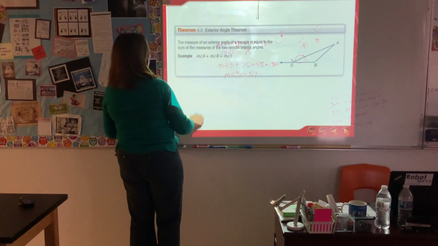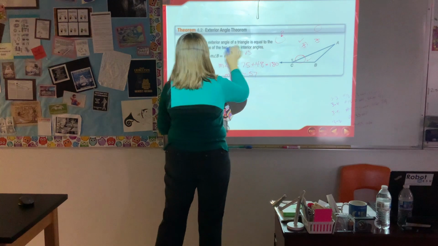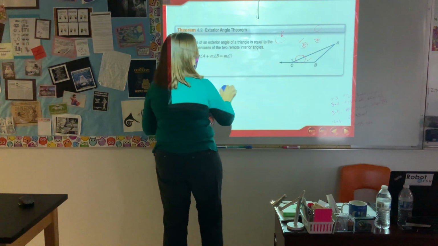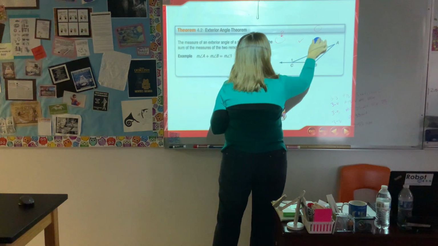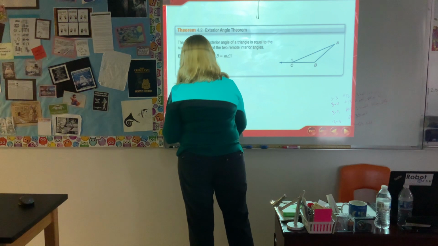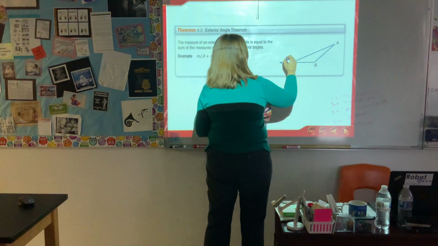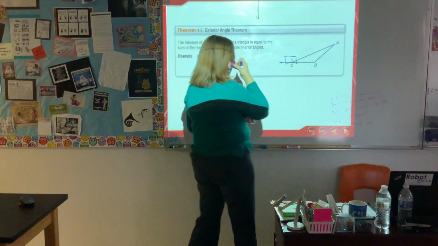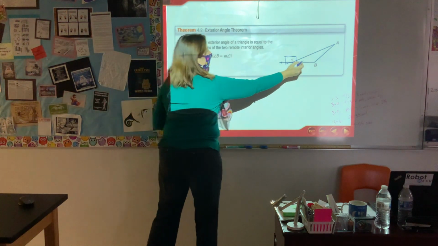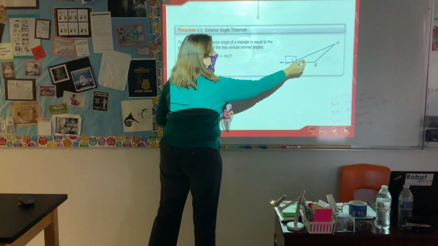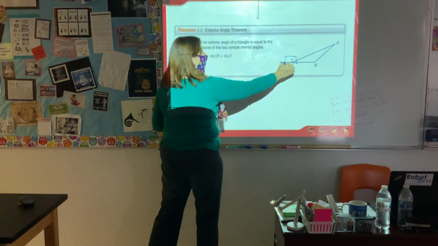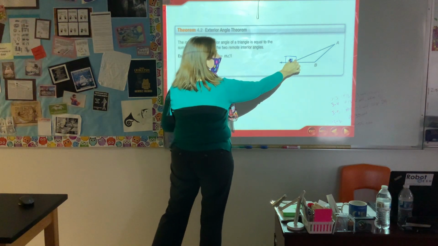Okay, the measure of an exterior angle of a triangle... what's an exterior angle? The exterior angle is this one right here. An angle that is outside of the triangle on the other side of it. It's the extension of one of these sides, and we get this exterior angle.